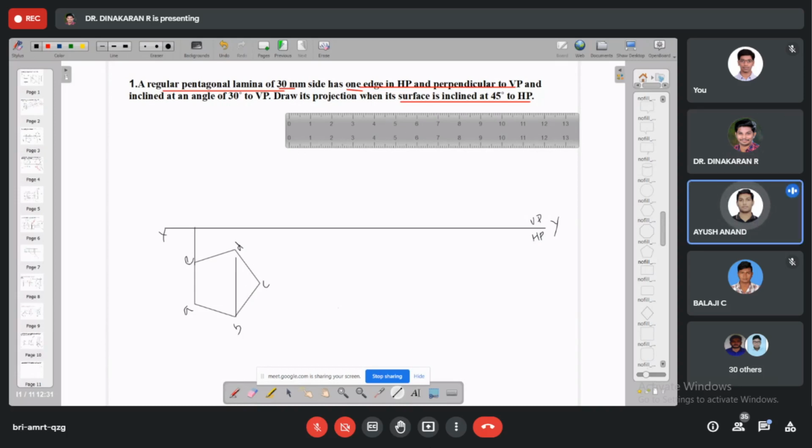Sir, for naming the points, we can start A from any point and go anti-clockwise. I will keep point A here only. You want anti-clockwise, so you can choose A here also, then B, C, D, any point. Yes, sir, because in the assignment I started A from that E position and then went anti-clockwise. No problem.